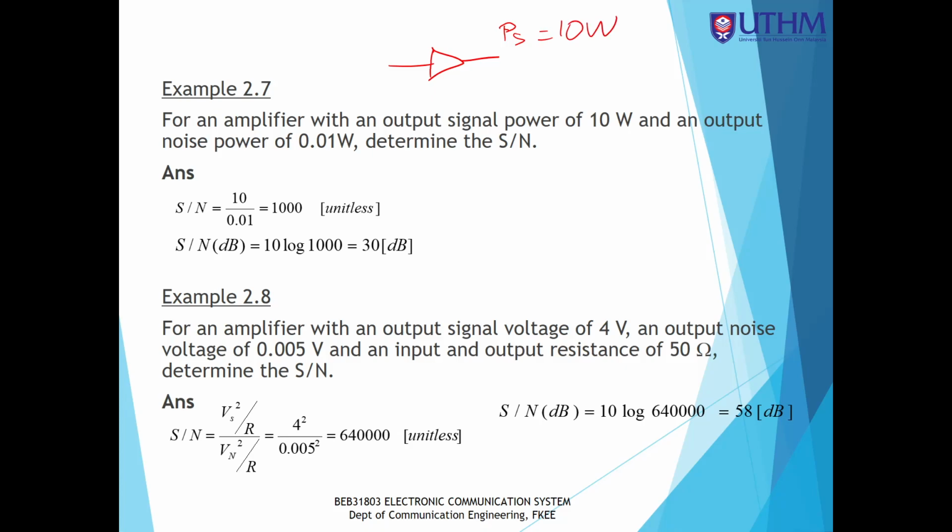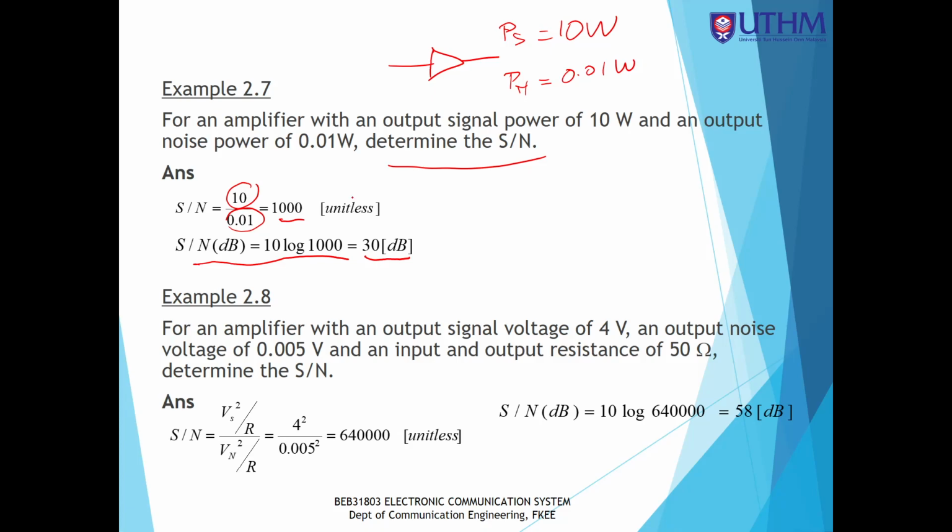And then this is PN, the power of noise at the output side, which is 0.01 watt. Determine the SNR. So SNR is equal to signal power over noise power, 10 watt divided by 0.01 watt. So you get 1000. And then in terms of decibel, 10 log 1000, you get 30 decibel.